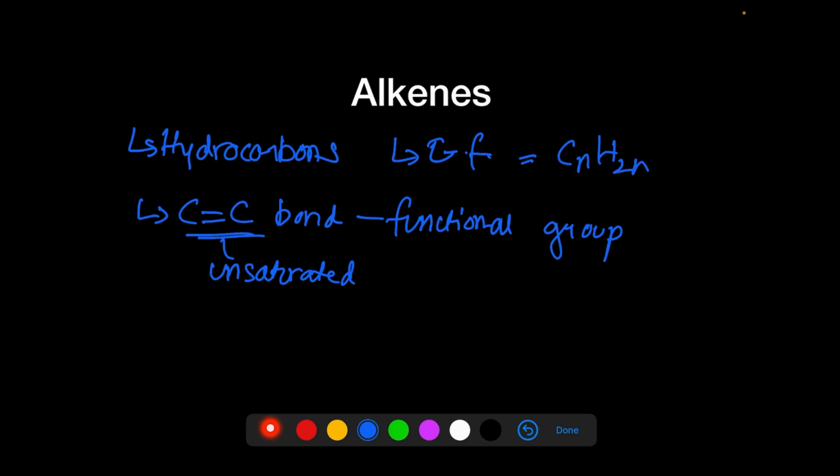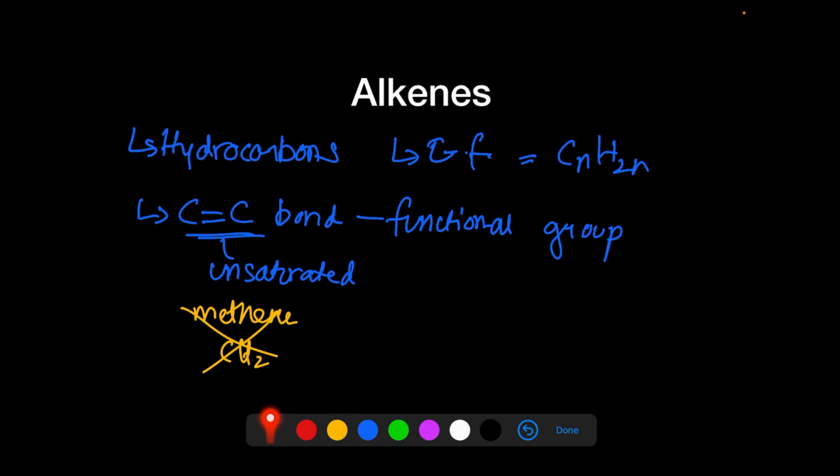Now we'll name the first 4 alkenes using the table. So we cannot have a methene, since methene would just be CH2, and CH2 is basically a chain. Bye bye methene.